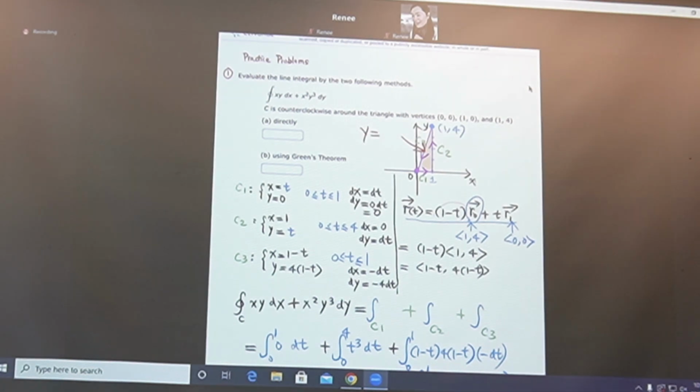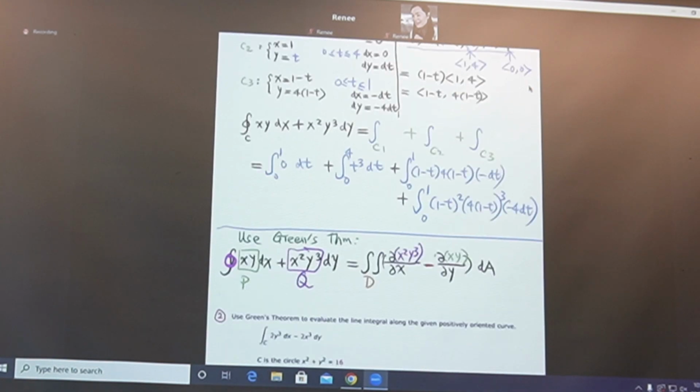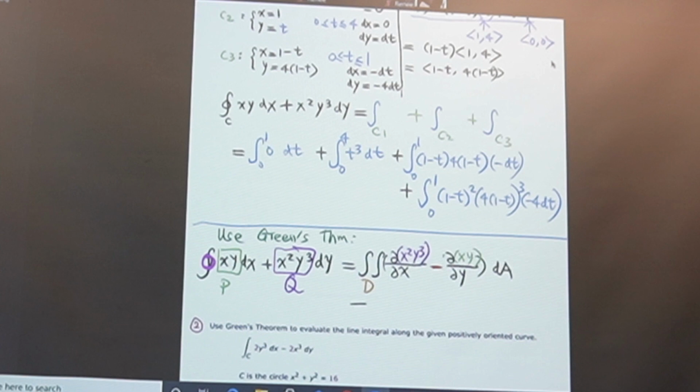What's the slope of this? 4, so 4x. And then down here, y will be equal to 0. So the above one here is y equals 4x, then the below one here is y equals 0. So when you draw this, y will go from 0 to 4x. Then you will turn this into this integral, whatever you got here.